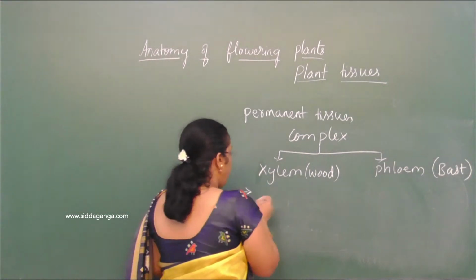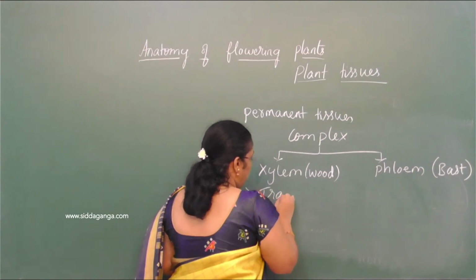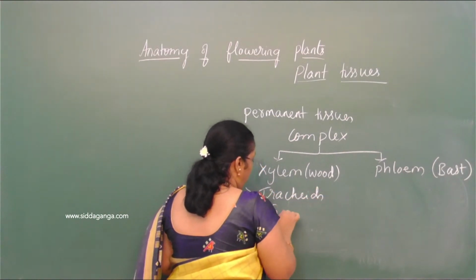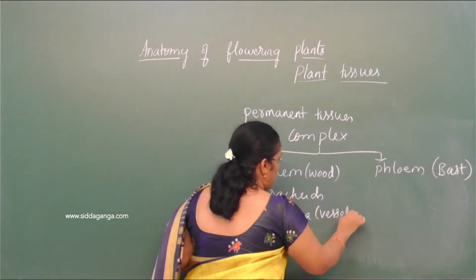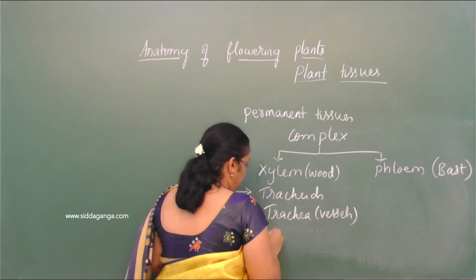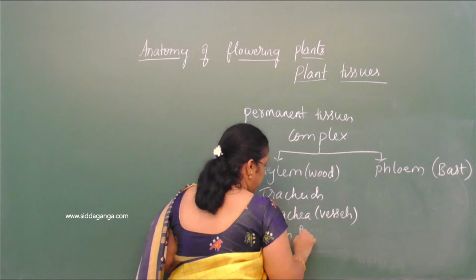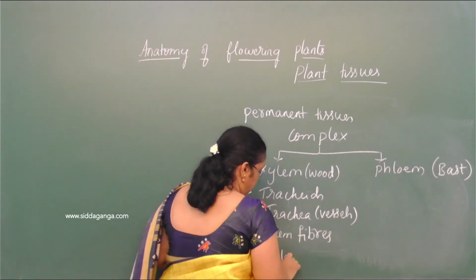So xylem is made up of four types. One is tracheids, trachea or vessels, then xylem fibers, xylem parenchyma.